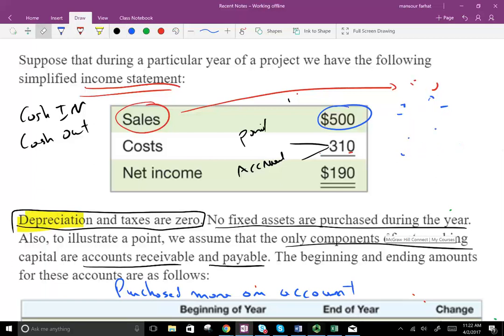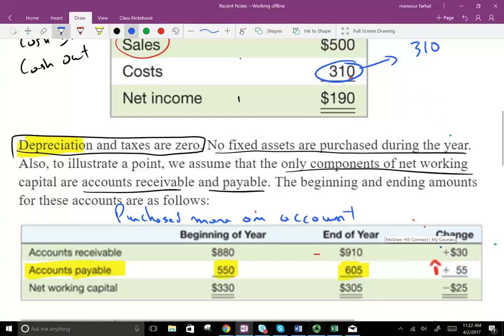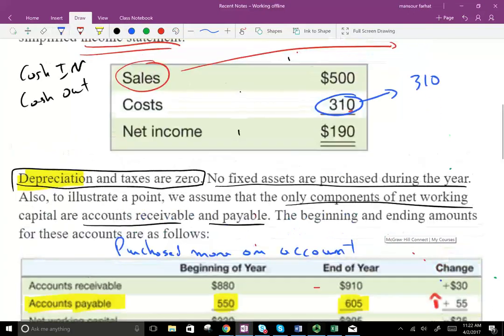Let's look at the cost here. The cost is 310, and we need to convert the cost into cash outflow. Cost is 310, but my accounts payable went up. It means I did not pay cash. It means I can subtract $55 from that amount.